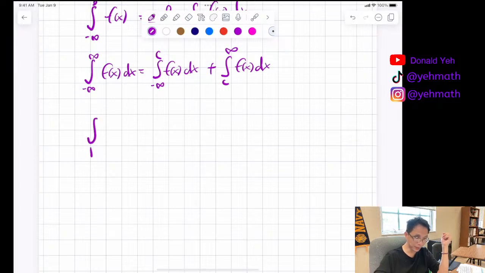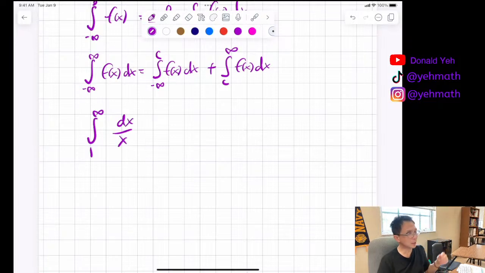But the first one, I'm going to do the integral from 1 to infinity of dx over x. This one is very well known, and you have to understand there is a difference between this one and 1 over x to the 1.1.